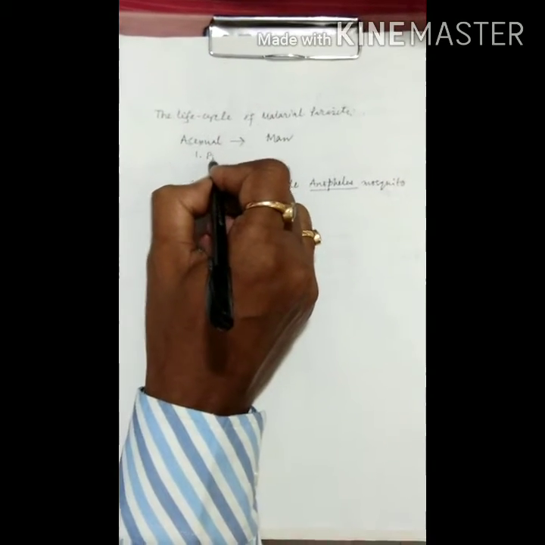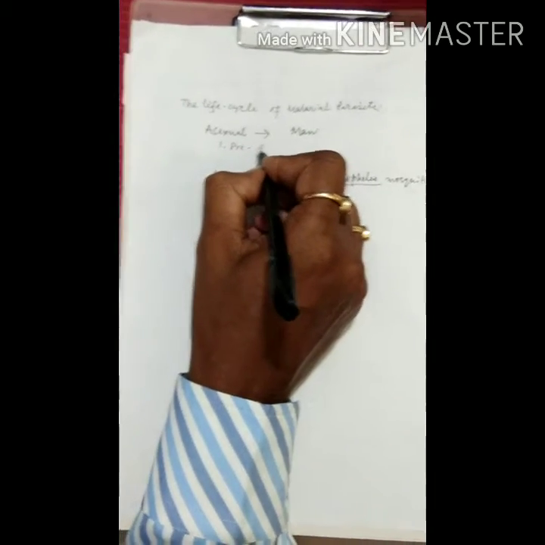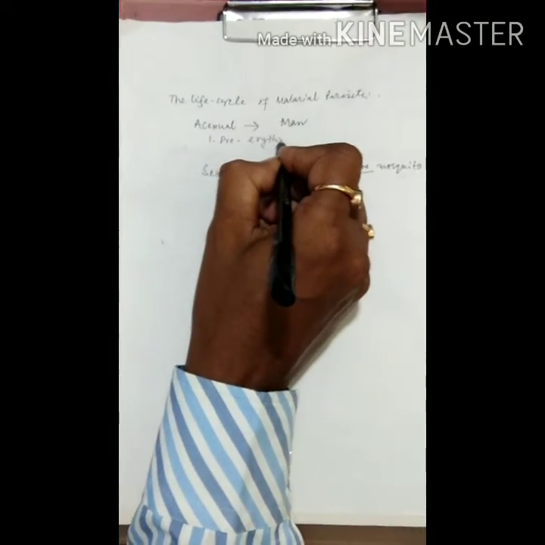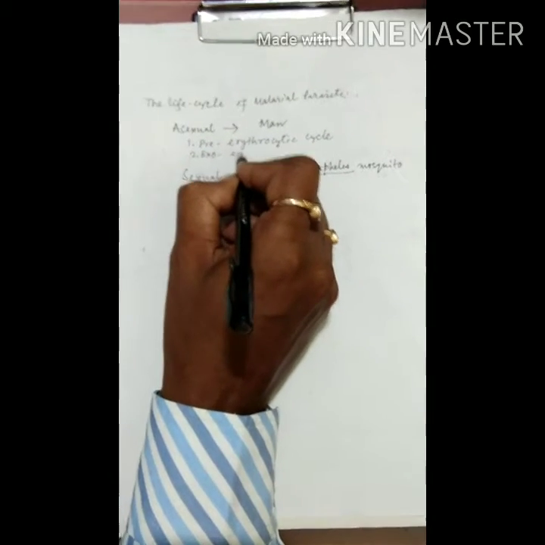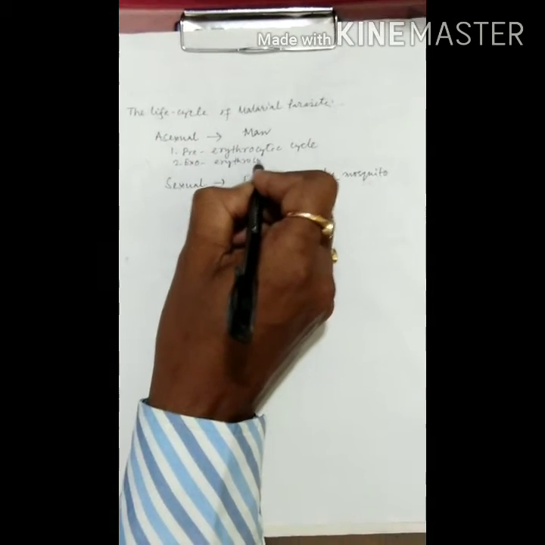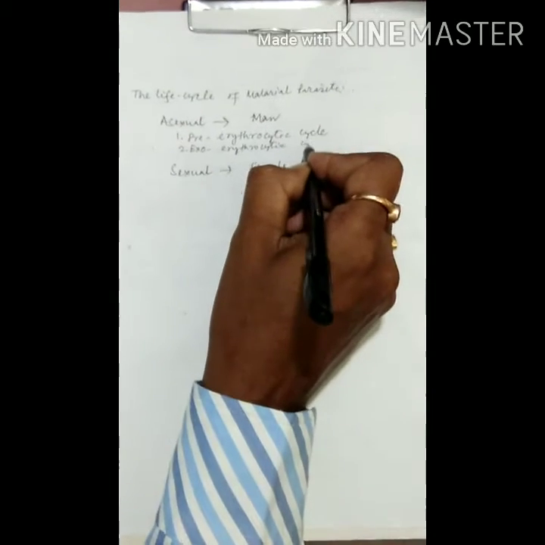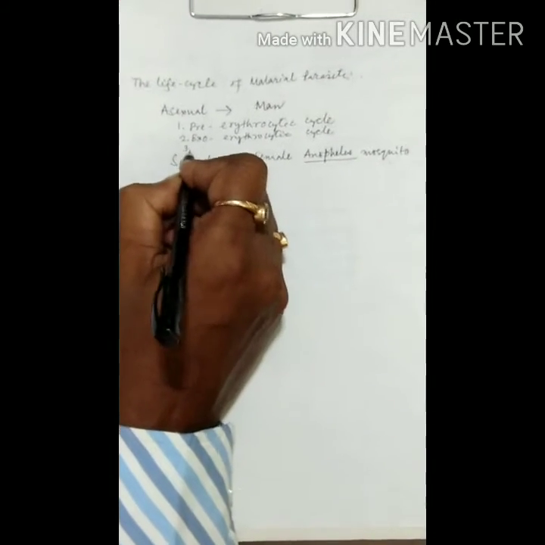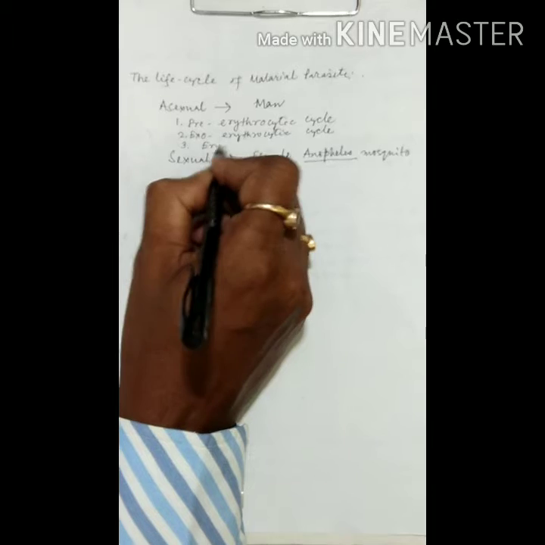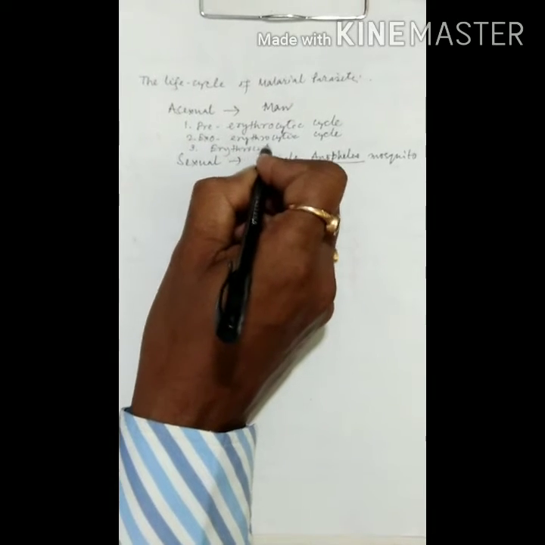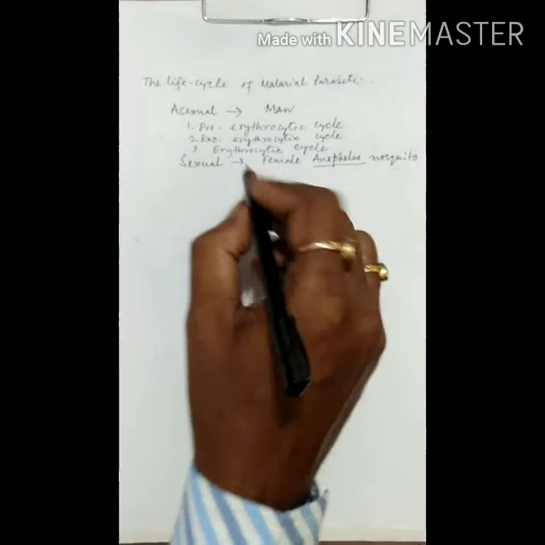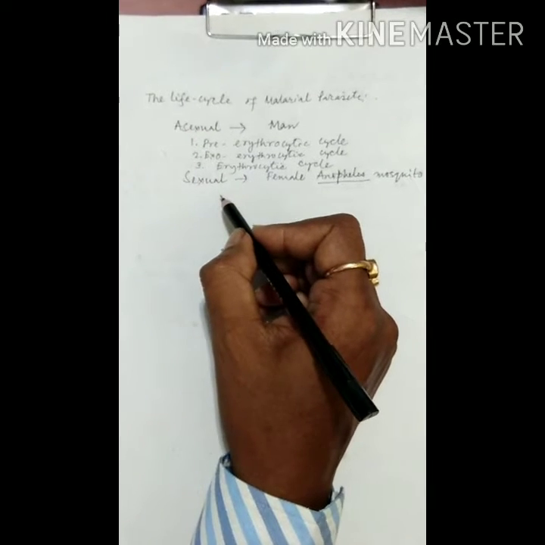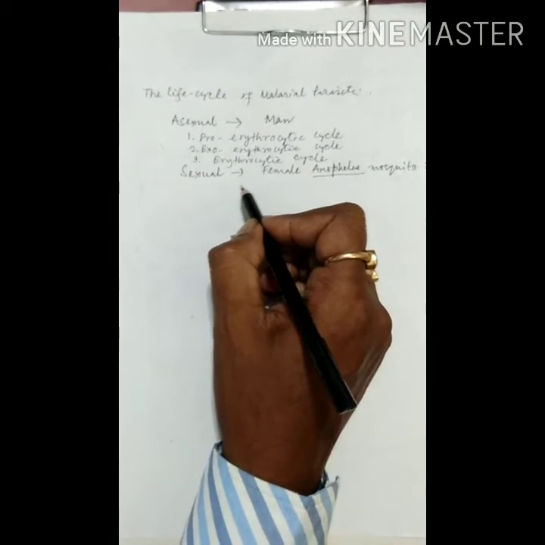Firstly, the pre-erythrocytic cycle, the exoerythrocytic cycle, and third, the erythrocytic cycle. And there is no division of the sexual cycle.